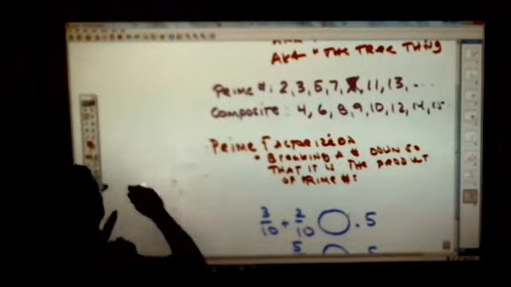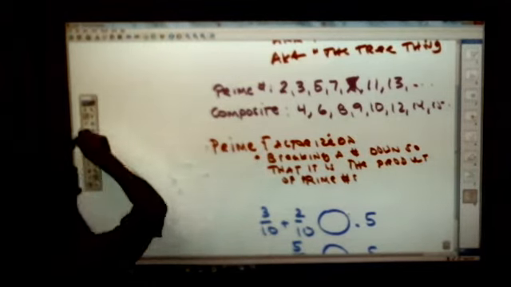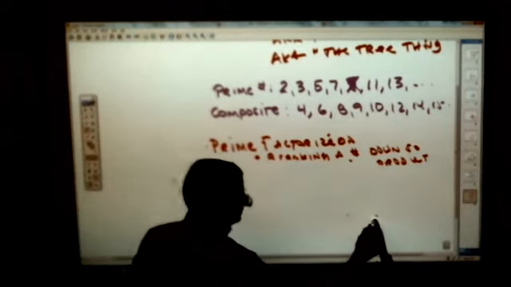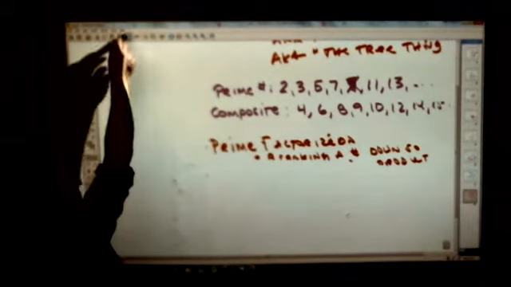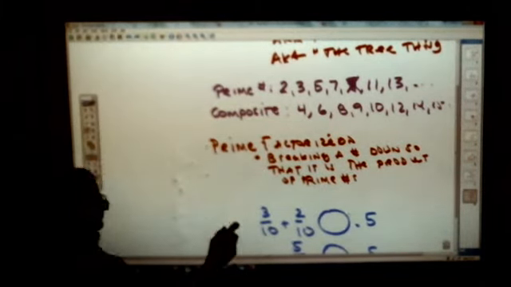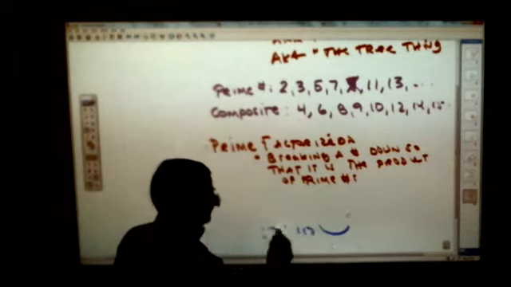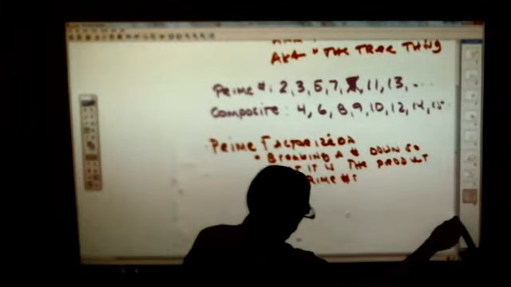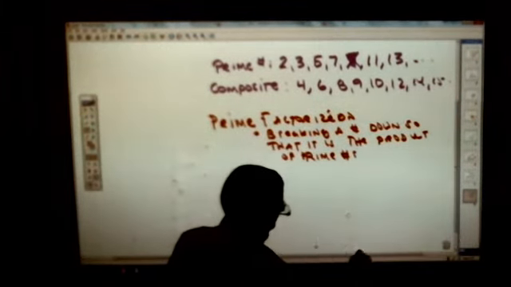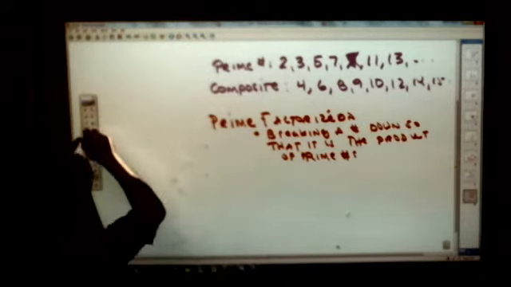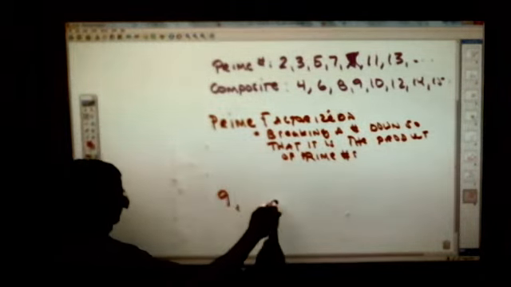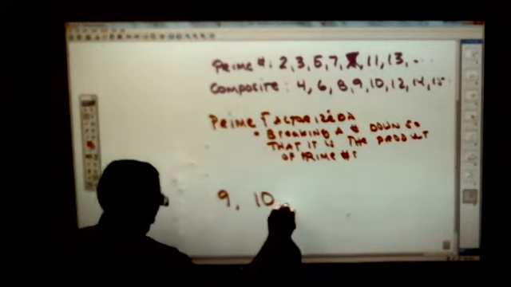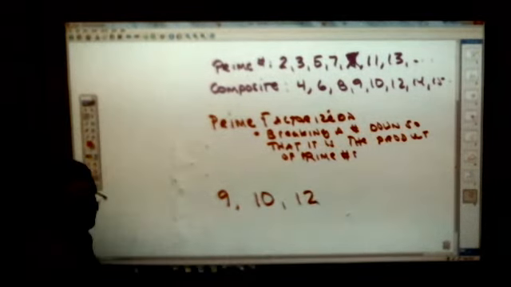I don't remember what problem it was here, but the book already had you do this. The book already had you do that when it gave you, I believe it was 9, 10, and 12, to write as a product of primes.